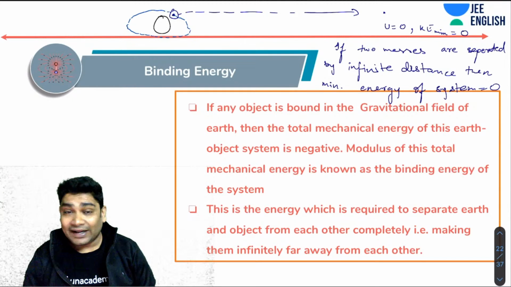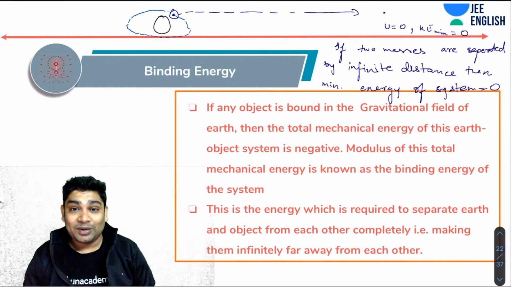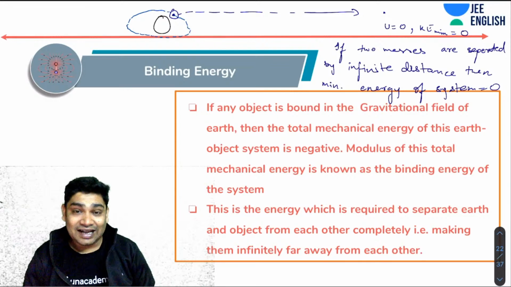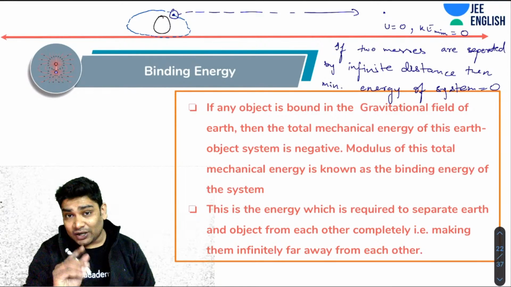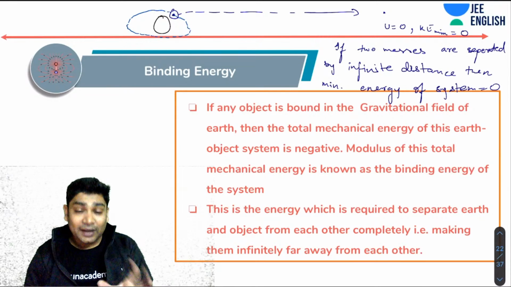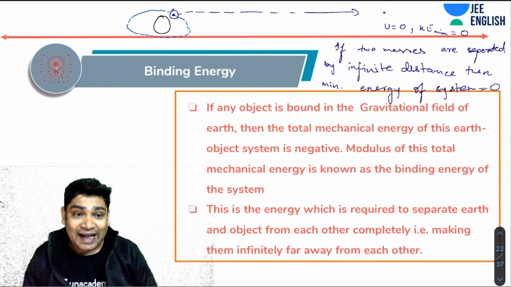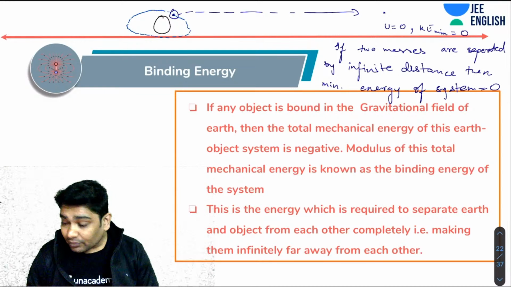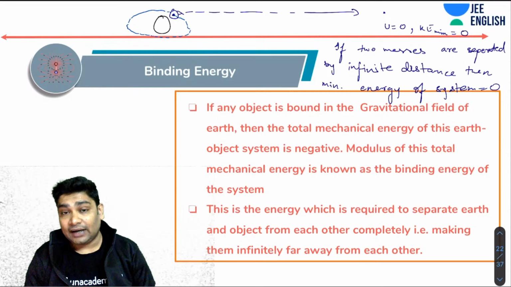So if it cannot get there, it must not have zero energy either, which means its total mechanical energy would be negative. Why negative? Because potential energy is negative and kinetic energy is positive. So the potential energy numerically should be higher than the kinetic energy. If that's the case, then you can say that this object is bound to that gravitational field.